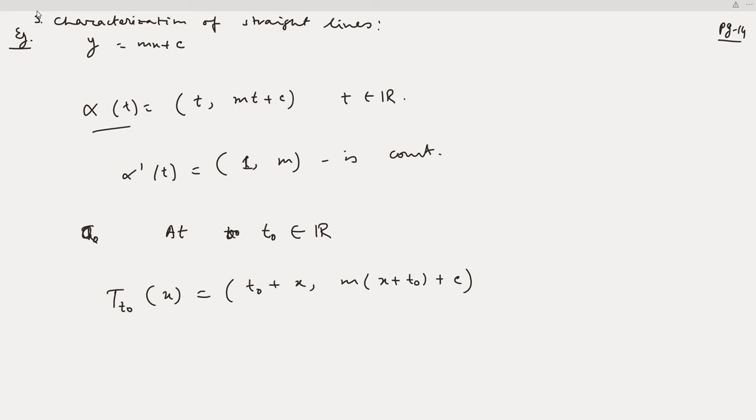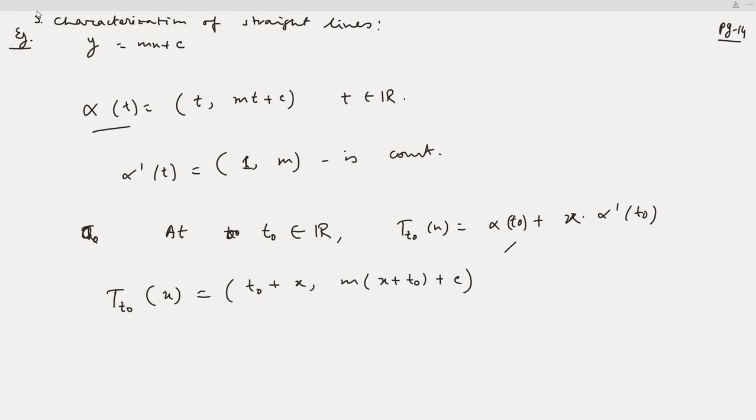So how is it obtained? It is obtained as follows. At t naught belongs to R, T t naught of x equals alpha of t naught plus x times alpha prime of t naught.